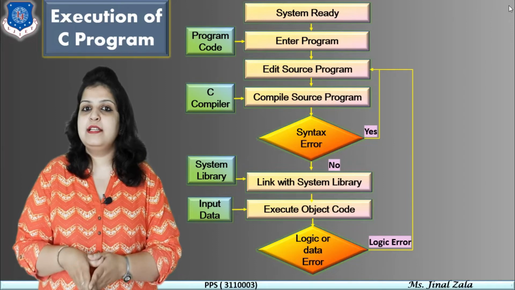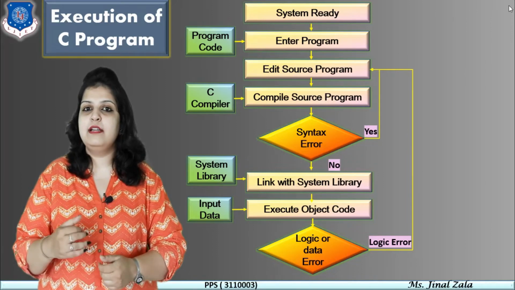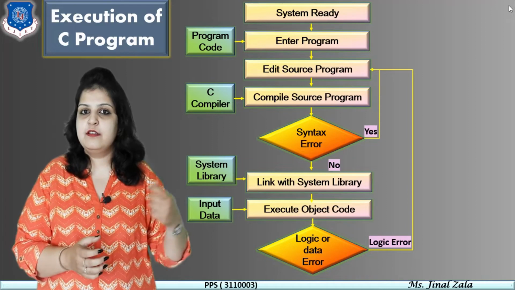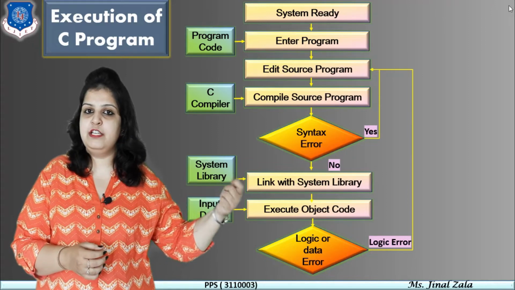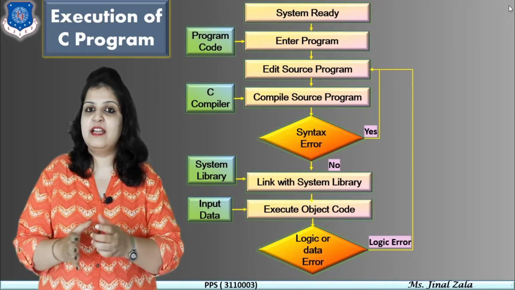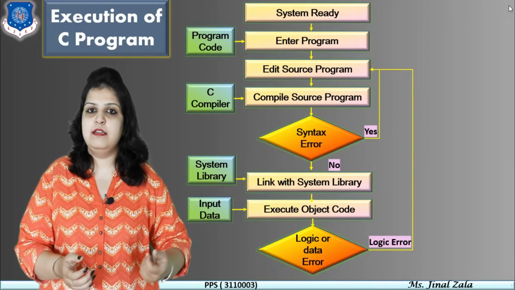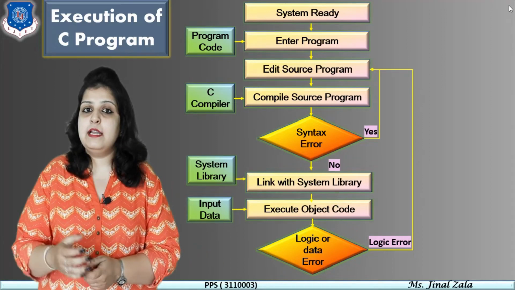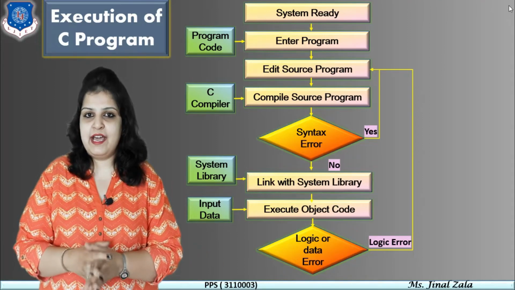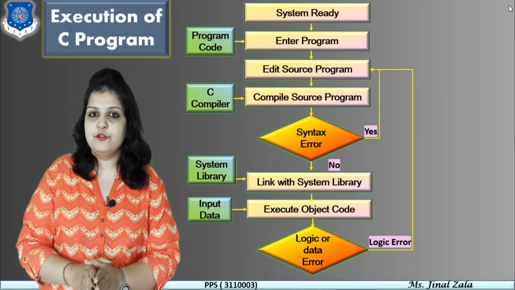And what is a data error? Suppose you run the program and you have taken the data type integer. Two variables are available, integer a and b, and at runtime you enter character values for those variables, like a, b, c, then it is called a data error because you are entering wrong data.